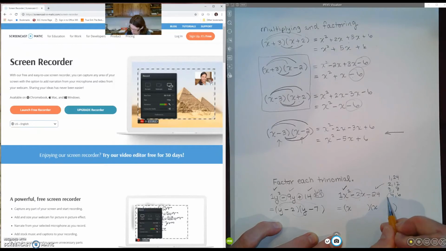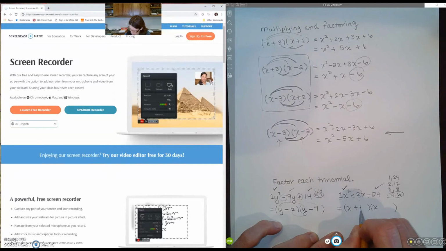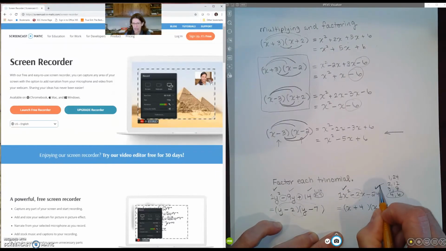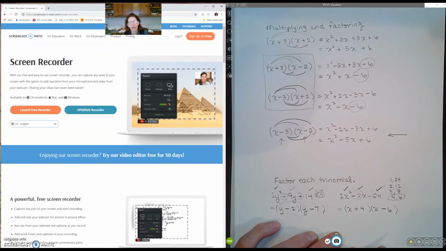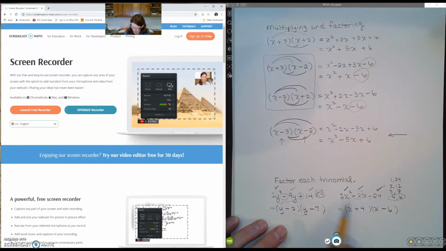Okay, so if we opt for our 4 with our 6 and use a positive 4 and a negative 6, that'll give us our negative 24 product, and our positive 4x and negative 6x will sum to negative 2x. So when you're factoring these trinomials that have a leading coefficient of 1, all you've really got to think about is that last term, okay? And what are factors of it? They're going to sum to this coefficient of your middle term.